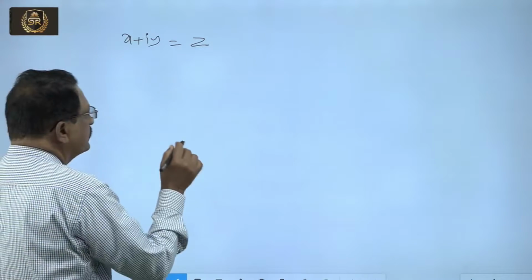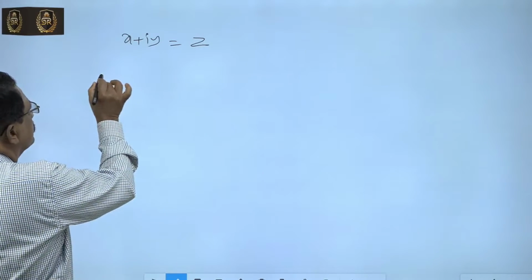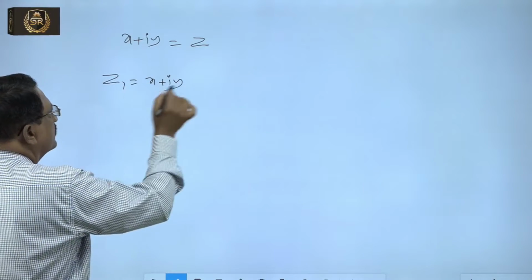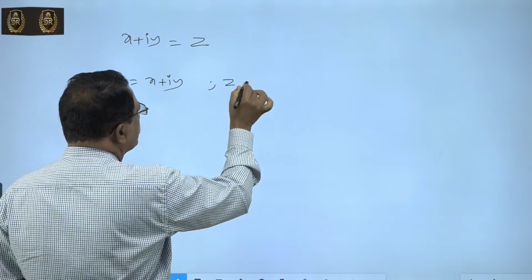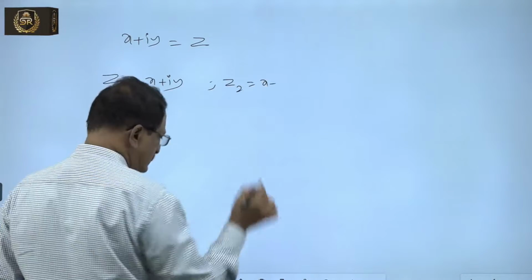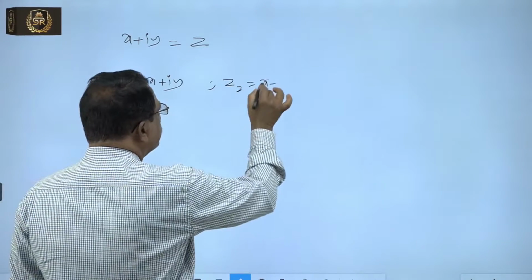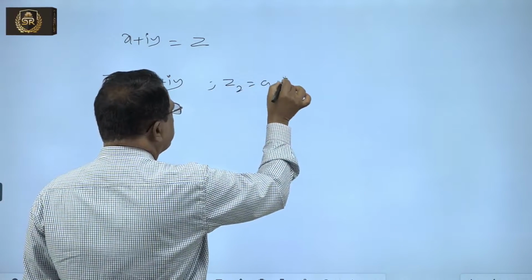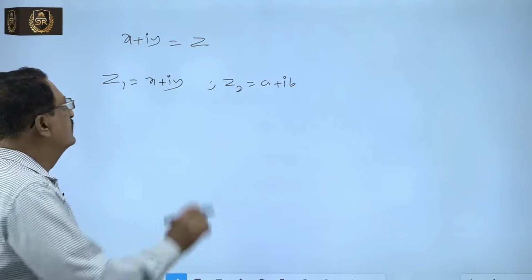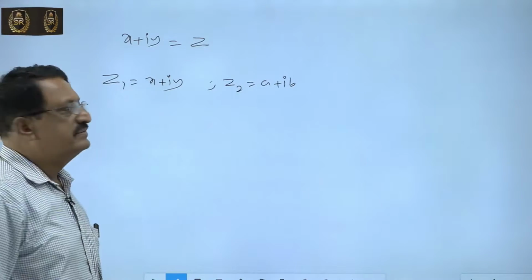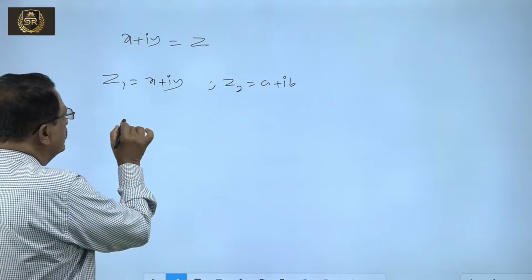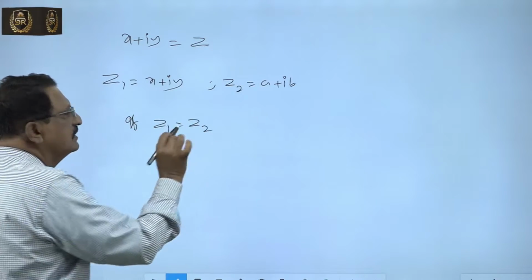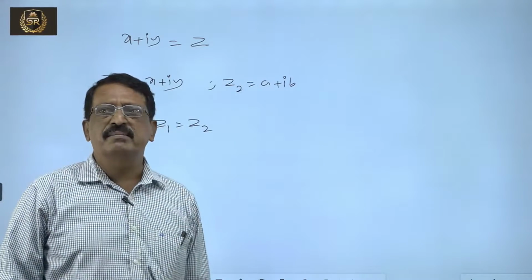Next, suppose two complex numbers, z1 equals x plus iy and another complex number z2 equals a plus ib. If z1 equals z2, the two complex numbers are equal.